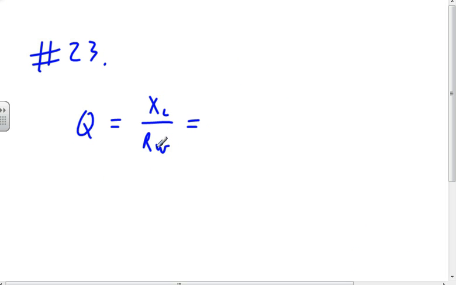All right, so number 23, calculate the Q. Q is X of L over R sub W, the resistance of the windings, divided by the inductive reactance.